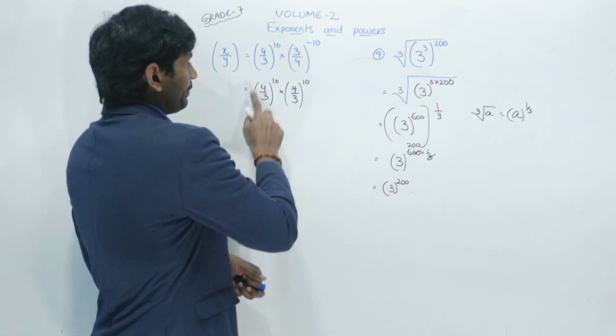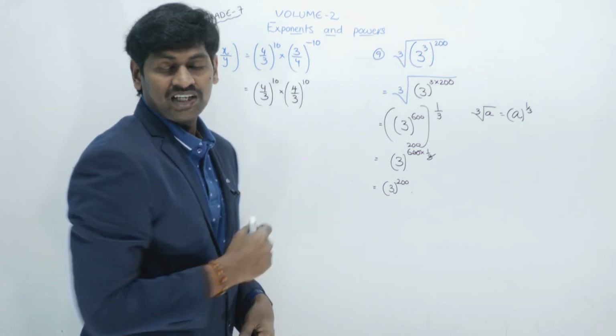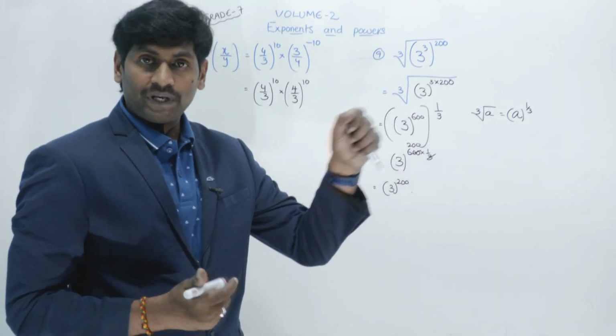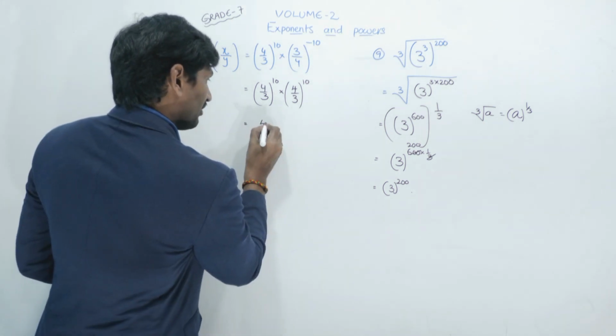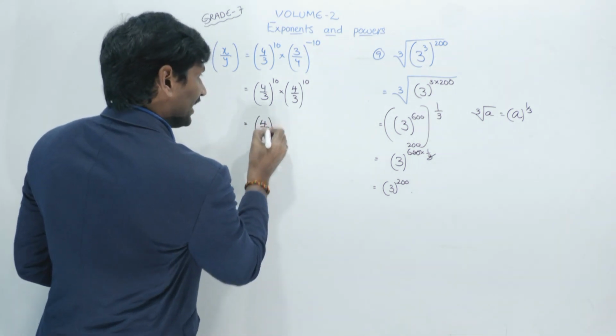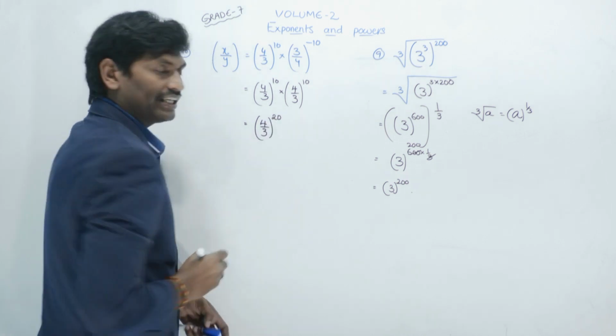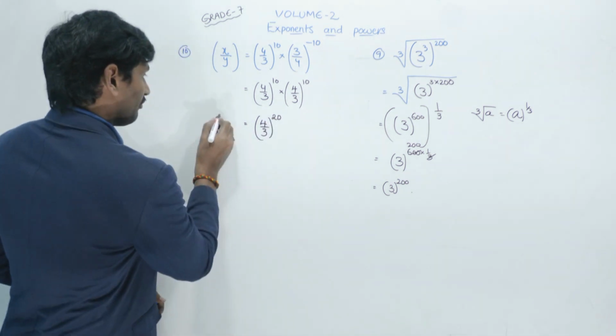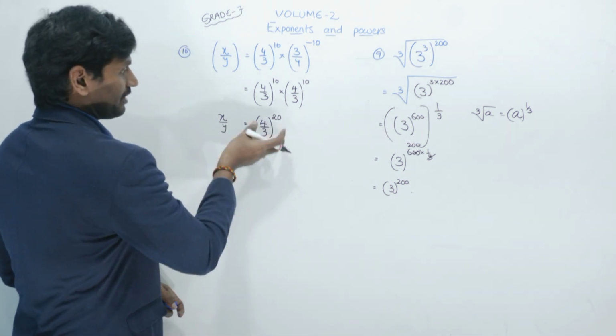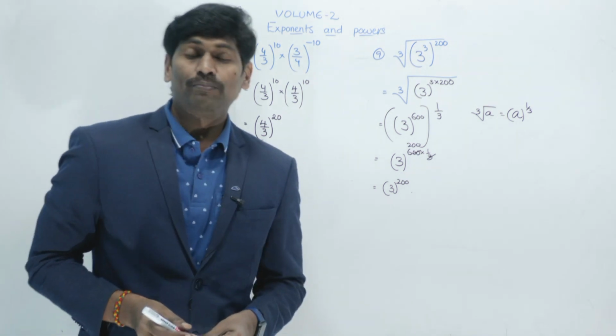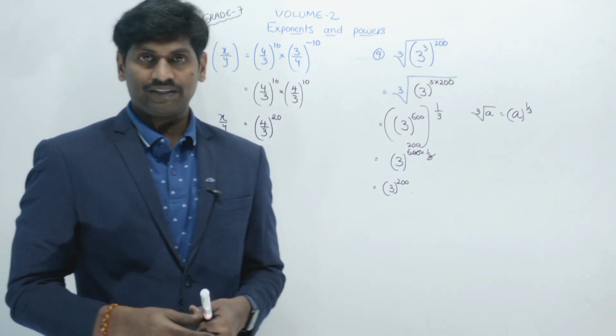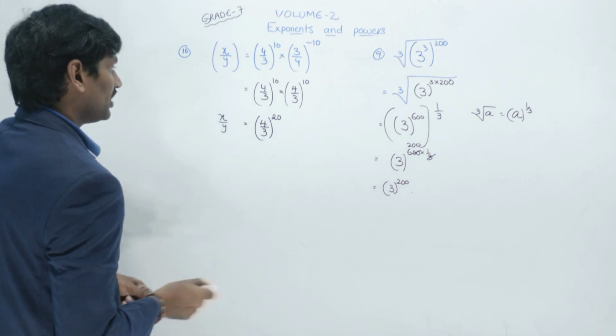So it looks like a power m into a power n is nothing but a power m plus n. So we can write 4 by 3 whole to the power of 10 plus 10. 10 plus 10 will be 20. We need to find the value of x by y. So the x by y value is nothing but 4 by 3 whole to the power of 20. Okay. Now let us go to the next problem.